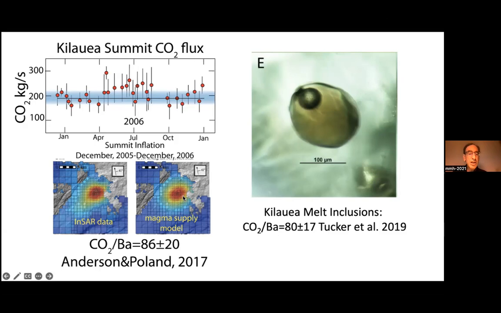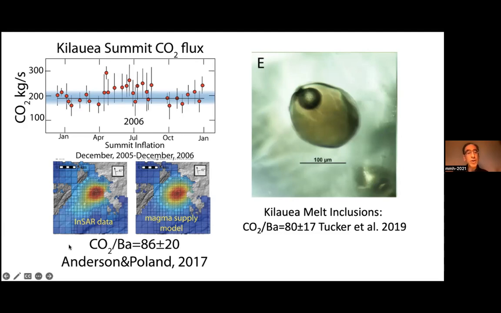And then a very interesting study from a few years ago by Anderson and Poland, where they monitored the CO2 coming out of Kilauea, outgassing in Kilauea. And then they estimated the barium concentration being supplied to the Kilauea summit, first of all, by knowing the barium concentration of typical Kilauean basalt. And second of all, looking at the InSAR data to look at the amount of inflation to figure out how much basalt was coming into the system.